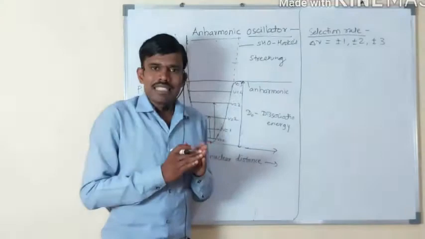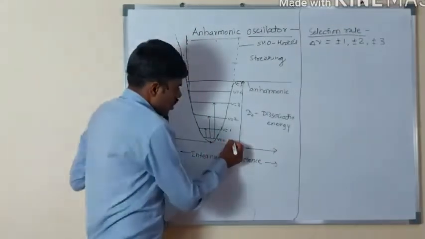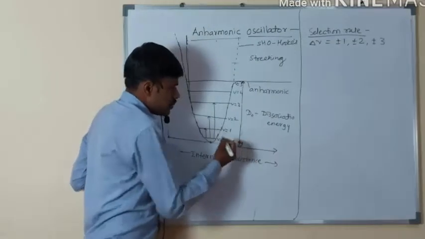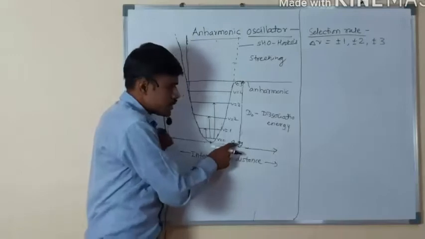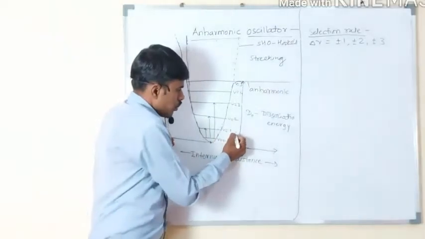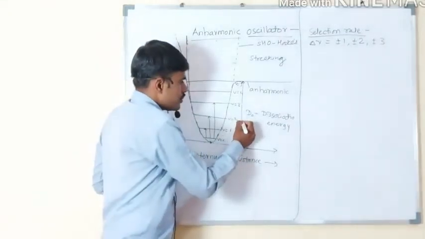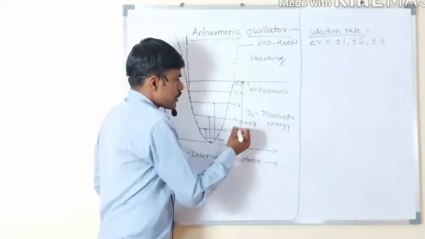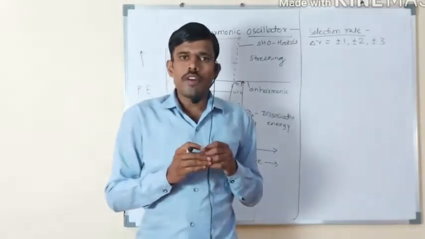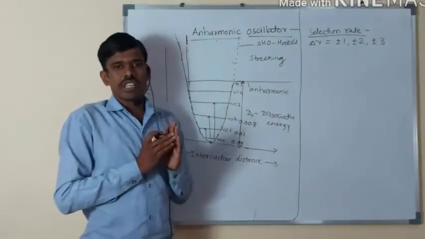If you look at the distribution in the vibrational energy states, then 0.99, that is, out of one molecule, 0.99 molecules are here, 0.01 molecules are here, and 0.008 part of a molecule is present in the V equal to 2 state.